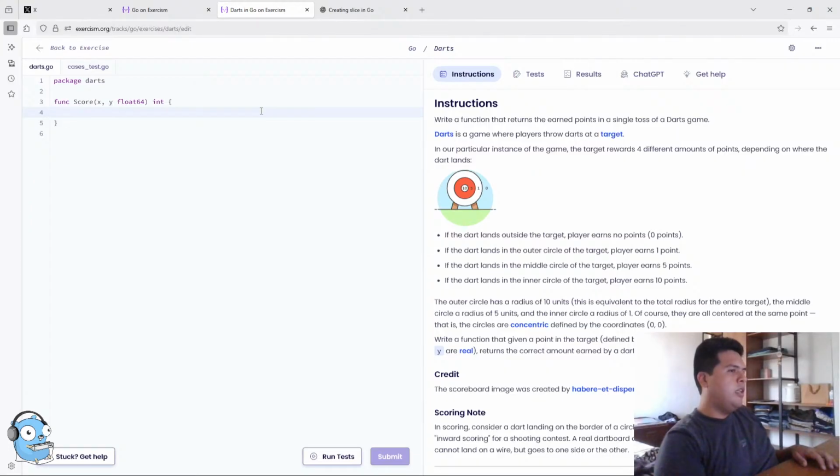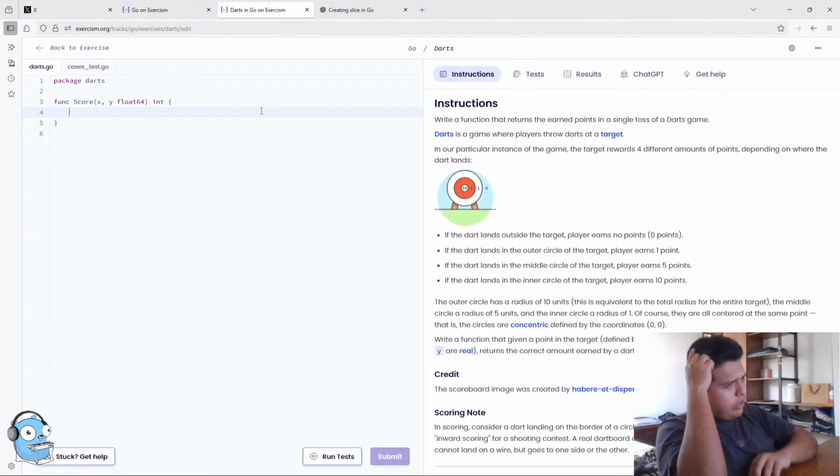Write a function that, given a point in the target, defined by its Cartesian coordinates x and y, where x and y are real numbers, returns the correct amount earned by a dart landing at that point.